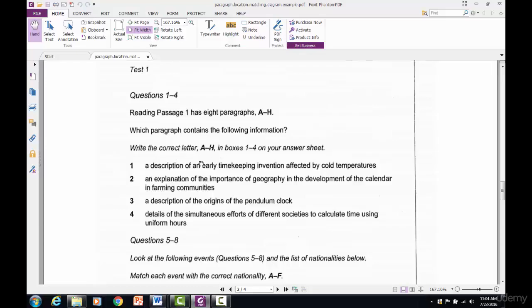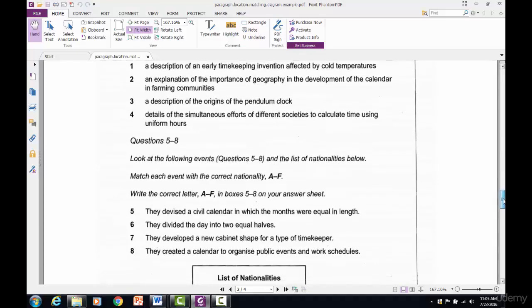What we would do is look at numbers 1, 2, 3, and 4 and circle the keywords in each one, like timekeeping and cold temperatures, explanation of the importance of geography and a calendar and farming, pendulum clock, and simultaneous efforts to calculate time and uniform hours. So I would circle those keywords for the paragraph location question, and then I would leave it. Don't do it right now. Leave it. And then you want to do your matching question.